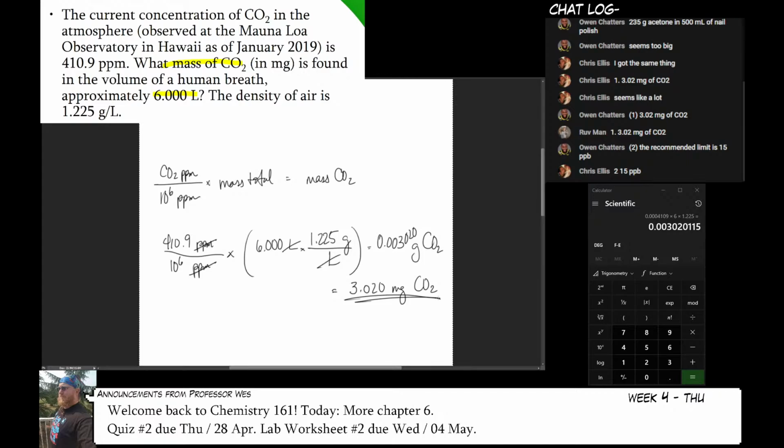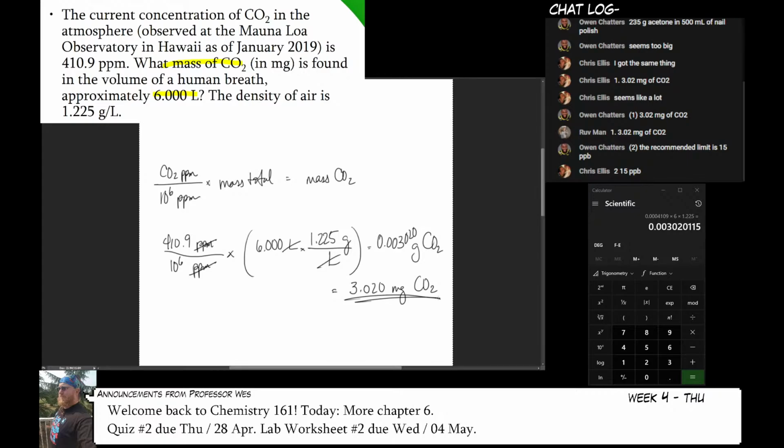So in 6 liters of air, there are 3 milligrams of CO2. And you might think that's such a small amount compared to the whole thing, because the whole volume is going to be like 7 grams, right? Of which we are using up 0.003 for CO2.